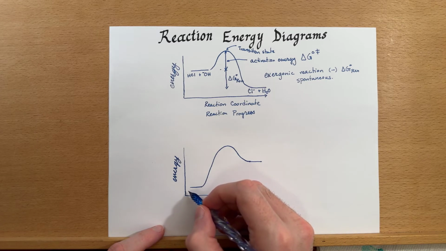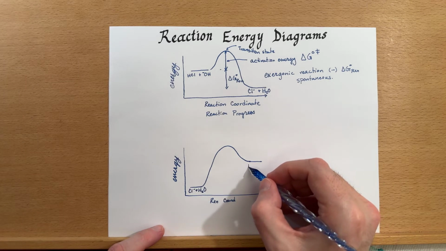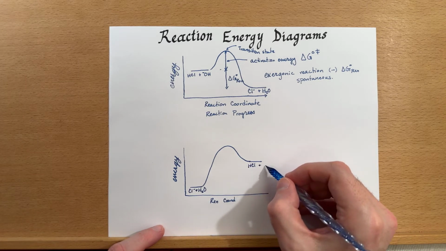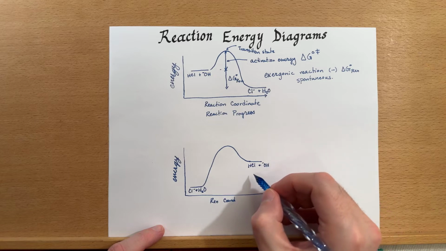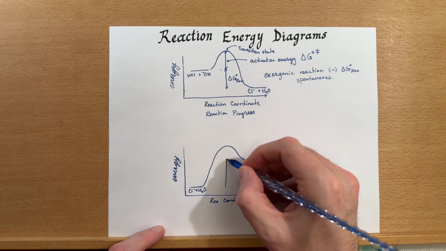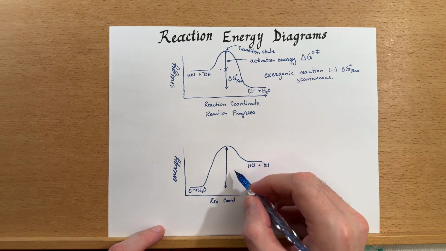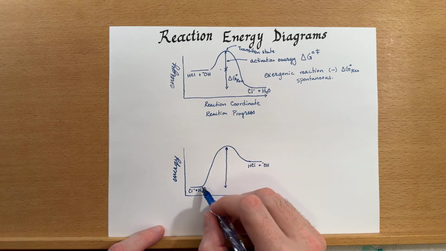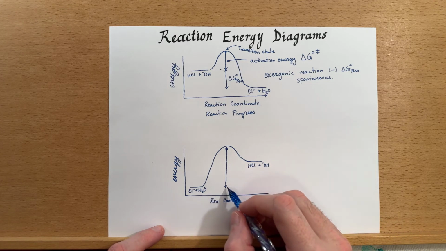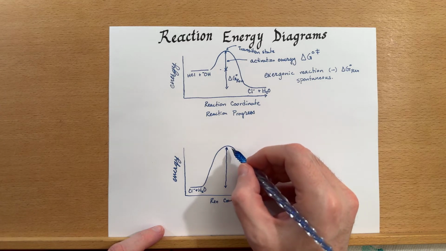So you'll notice that my reactants are lower energy than my products. And in this case, the energy of activation, or the activation barrier, is much larger because I have to go all the way from where my products are back up that hill to get back to the transition state.